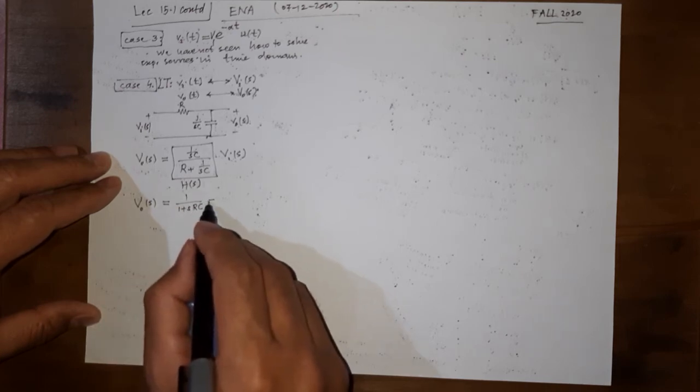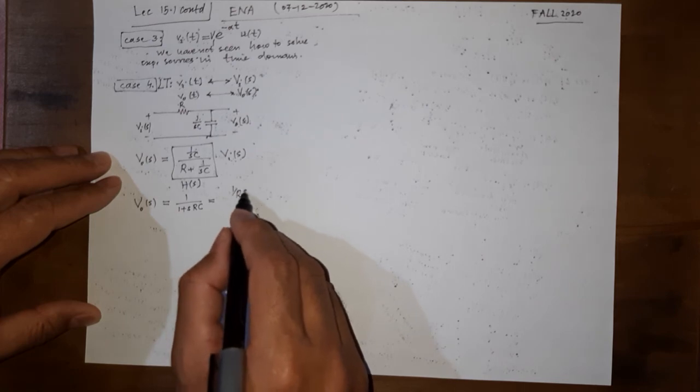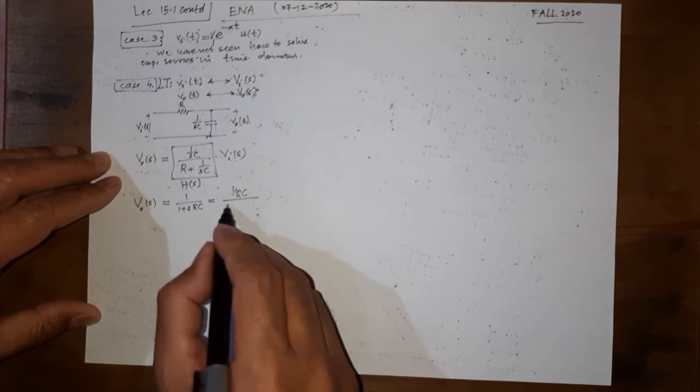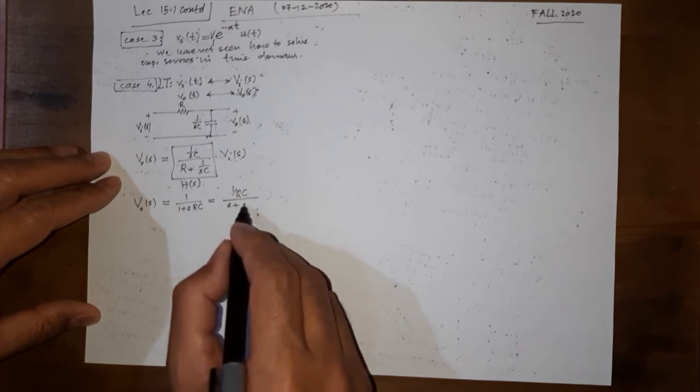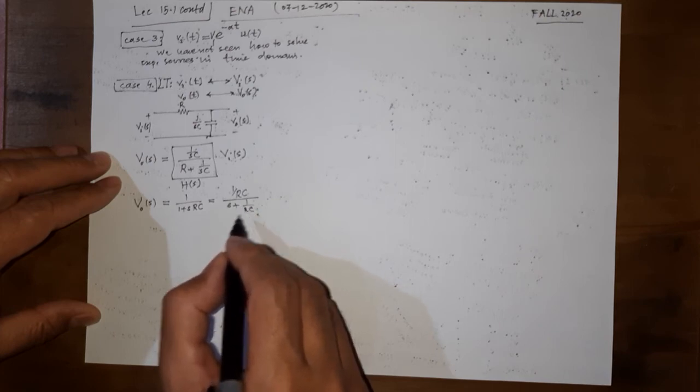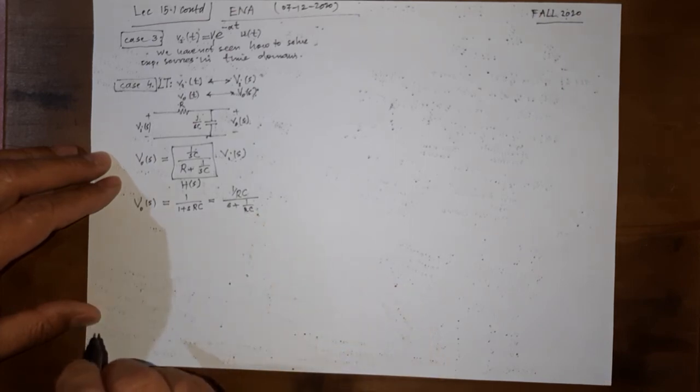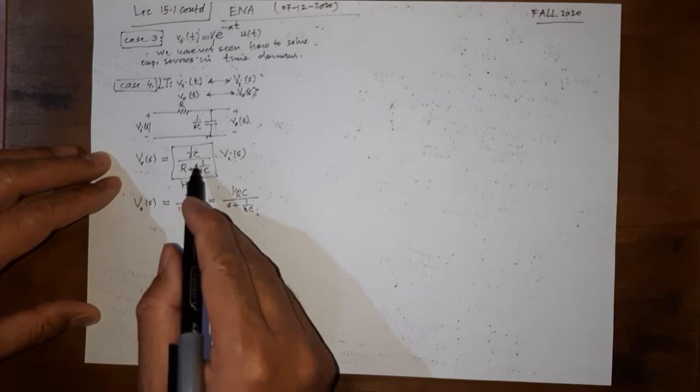There are several ways of writing this. We can write this as 1 over RC over S plus 1 over RC. This is one form, this is another form.